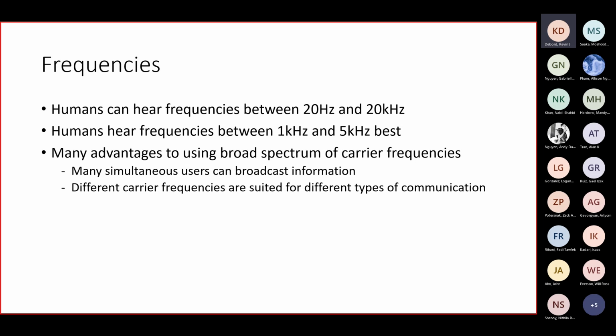That's why when you turn the radio, you get different channels. That's all just different frequencies, right? And different carrier frequencies are suited for different types of communication. So the carrier frequency that you use for your phone is not going to necessarily be the same as, let's say, a Bluetooth connection, right? They're not the same thing. Well, they're very different, but you know what I mean.